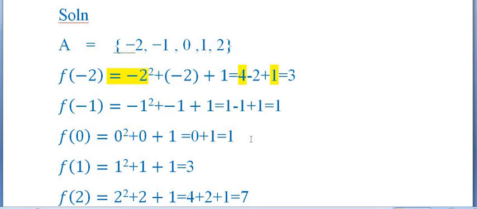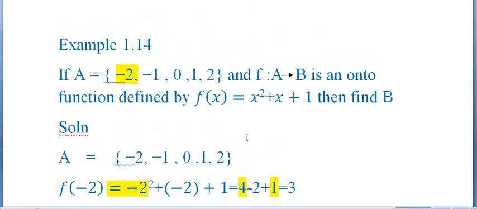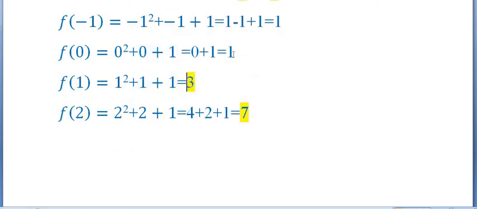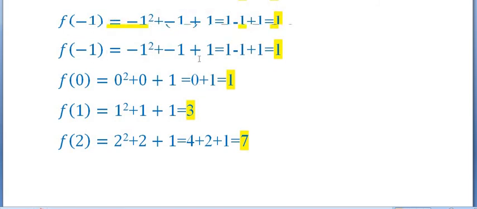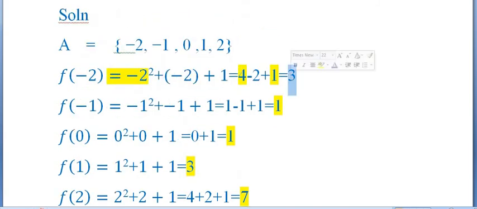Now, what can be the answer? Tell me. So what is the question? First we must know. Then find B. So we have to find B. Is an onto function defined by 3, 1 and 1. Here what is that? 3.